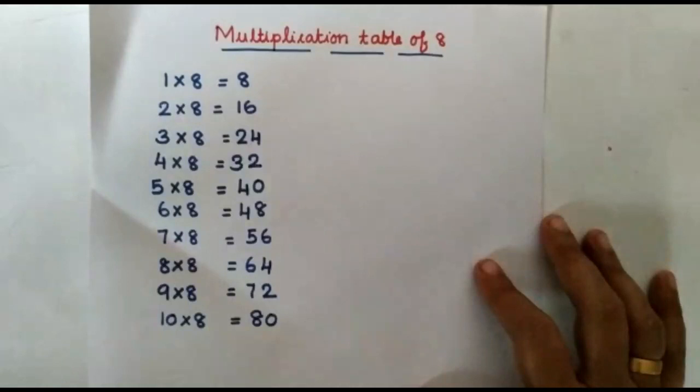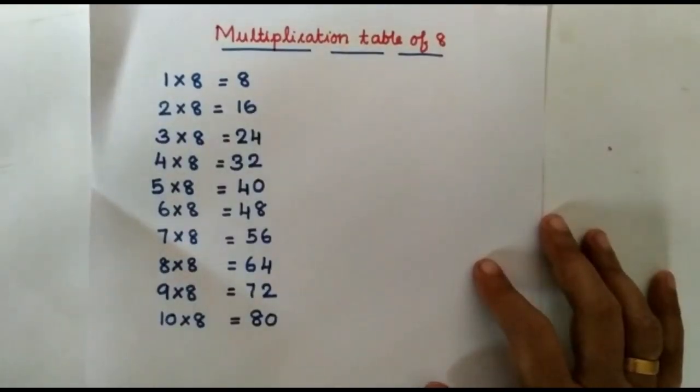Once again, the same table up to 10 8s are 80.